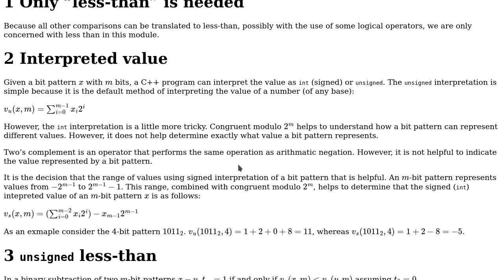And then for each iteration, we produce a value which is based on xi, which is a single bit, a binary digit, it can either be a 0 or 1, times 2 to the power of i. In other words, i corresponds to the bit position that we are examining. And once we have all of those terms, we add them together. That becomes the unsigned value of a particular bit pattern.